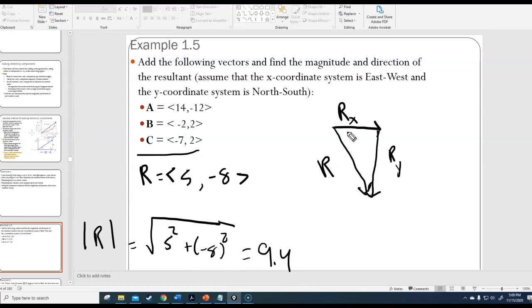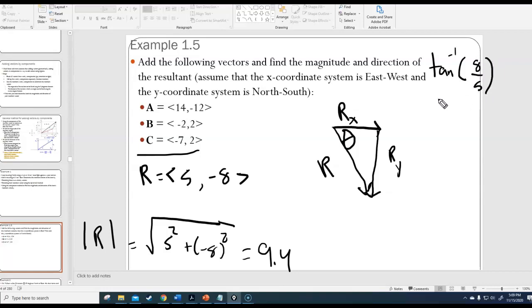And then the direction, it depends on how you draw the picture, of course, but based off of the way I drew my resultant, the direction I can indicate using this angle here. So this angle right here, I can find using inverse tangent of Ry over Rx, that is 8 over 5.